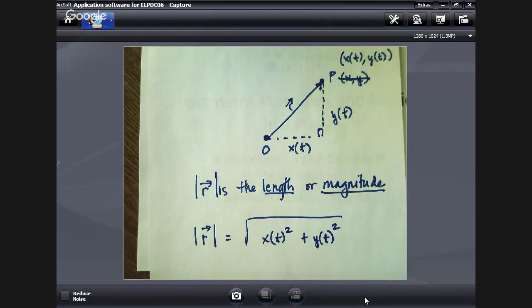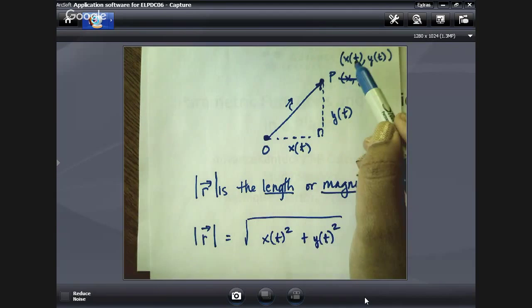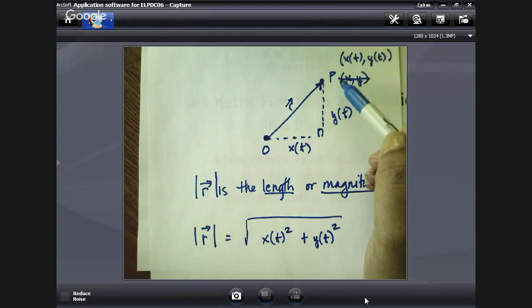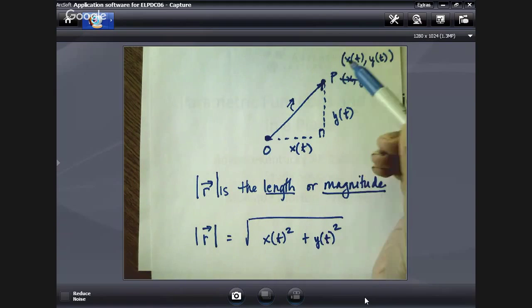So this is a quick and dirty relationship. If I express these 2 values, x and y coordinates, in terms of a third parameter t for time, I've now created a set of parametrically defined functions that's describing my location in the plane.